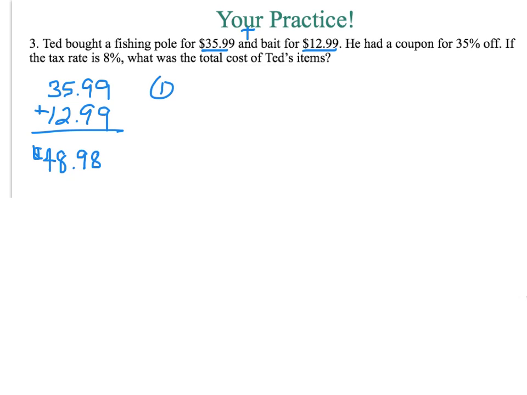So now the first step would be he has a coupon. So again, it's 35% off, which means I'm going to subtract. A coupon is just like a discount. It's money we don't have to spend. So this should have been your proportion.